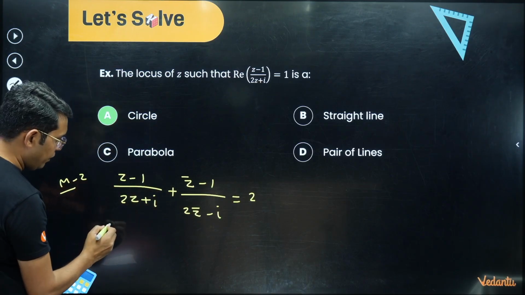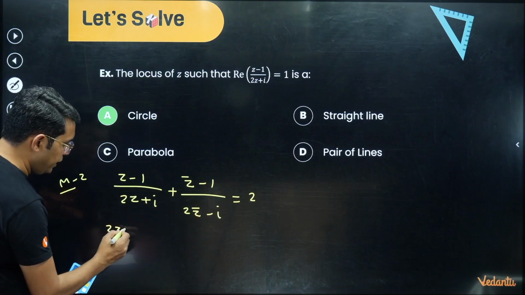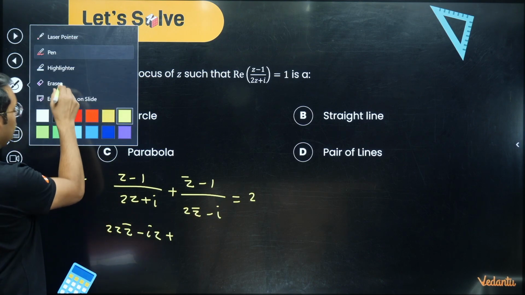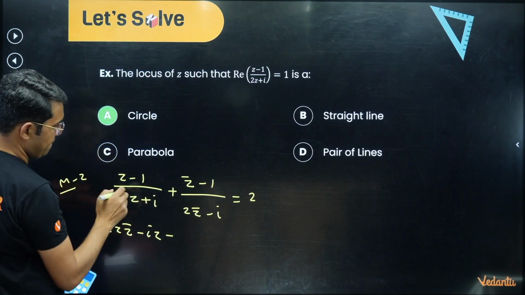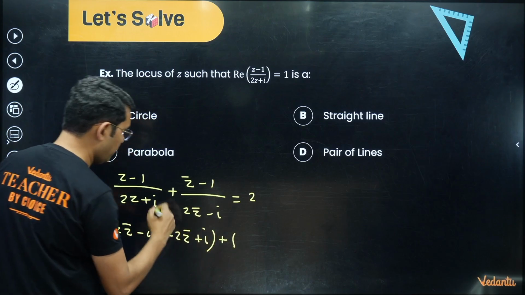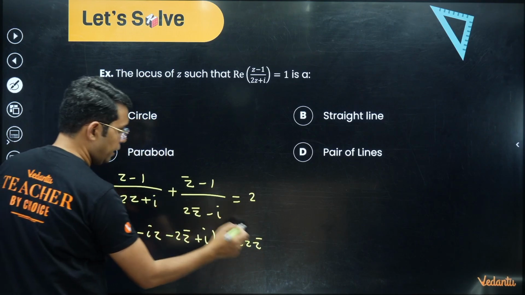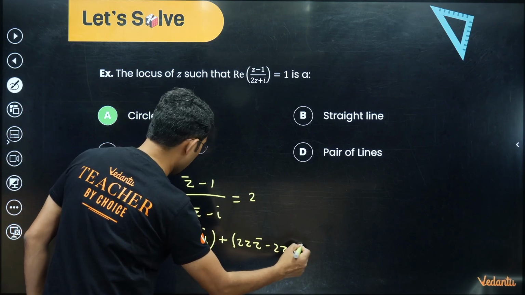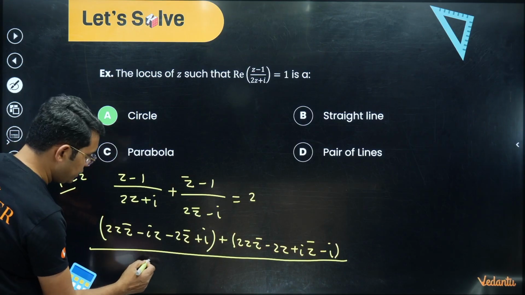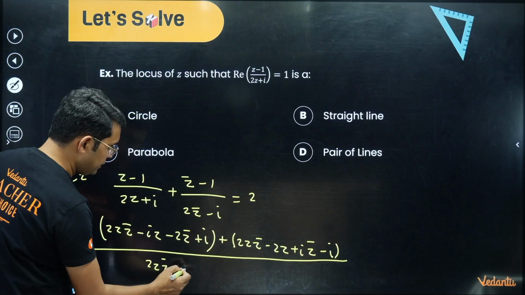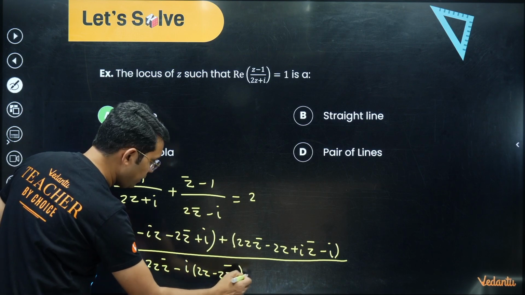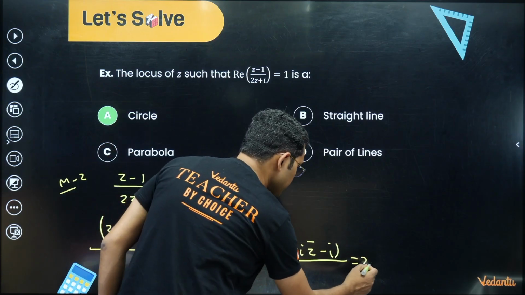Now take LCM, so it will become (z minus 1) into (2z bar minus iota), minus 2z bar plus iota, plus here also 2z z bar, and minus 2z plus iota into z bar and minus 1, whole divided by, if you multiply these two, it is 2z z bar minus iota; if I take common, it will be 2z minus 2z bar plus 1, and that is equal to 2.